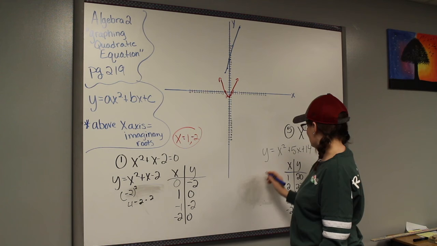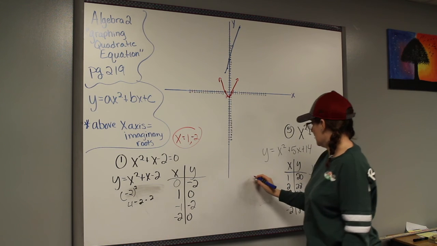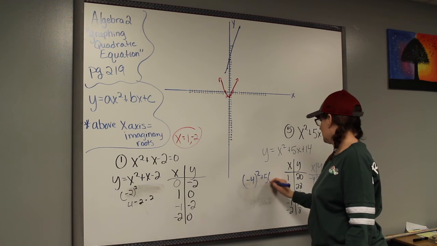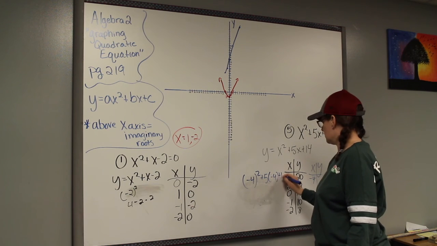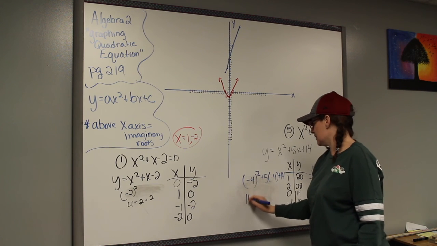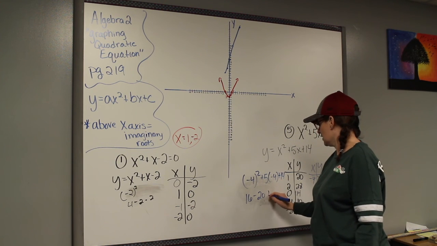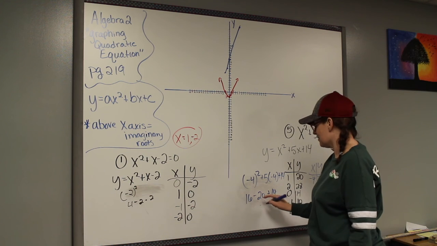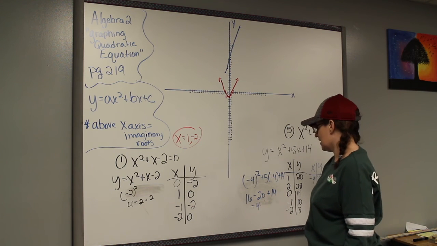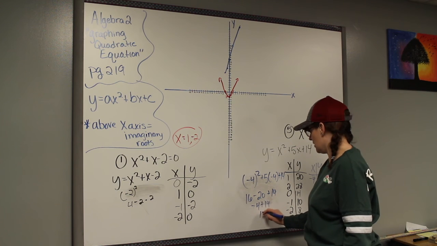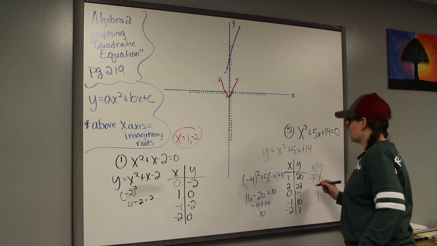So if x was negative 4, then I would have negative 4 squared plus 5 times negative 4 plus 14. So that would be 16 minus 20, 5 times negative 4 plus 14. 16 minus 20 is negative 4, right? Negative 4 plus 14 would be a positive 10. So negative 4 and 10.